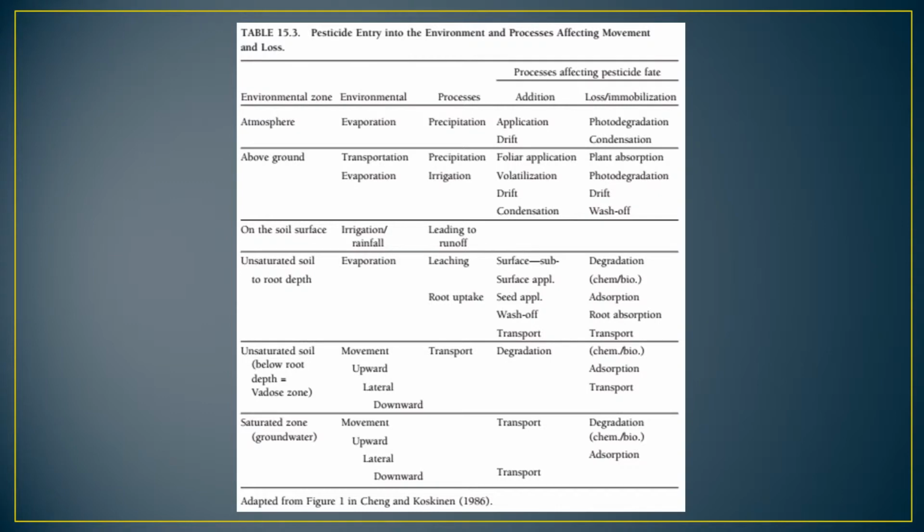This table shows the point of entry for any pesticide, the active environmental processes, and the interacting pesticide processes that affect movement and environmental fate. So take some time, pause this video, and look at this table.